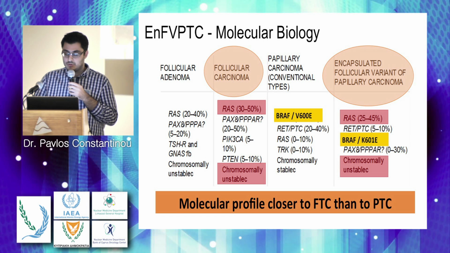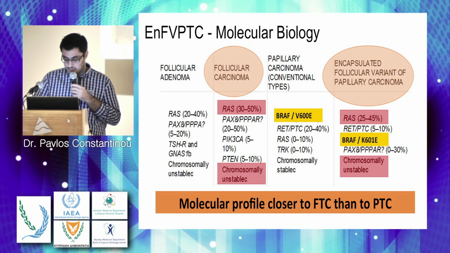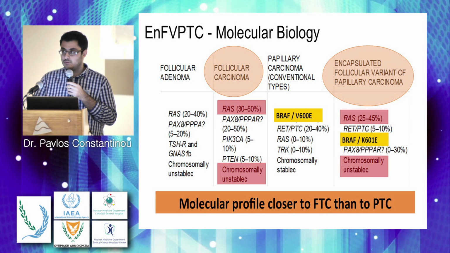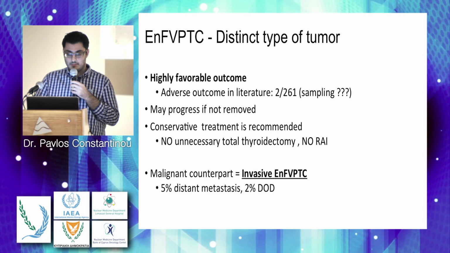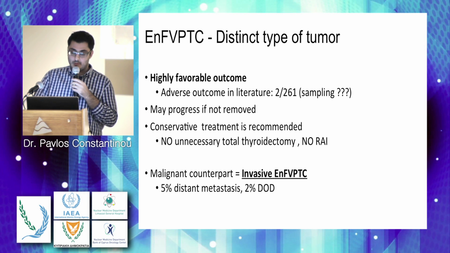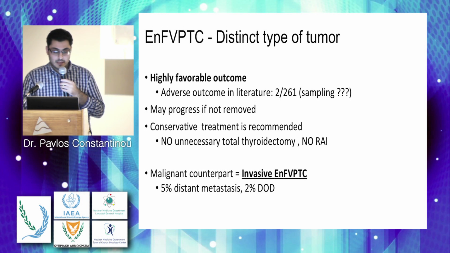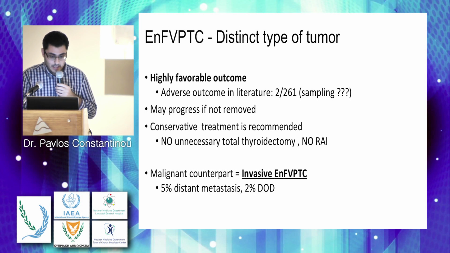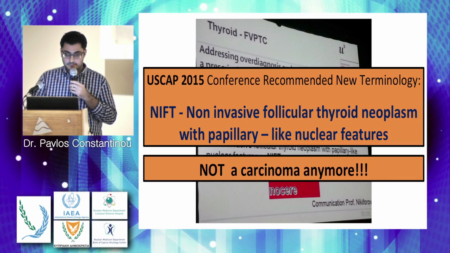Even BRAF mutations are different in these two types of tumors, the papillary carcinoma and its variant. So we have a molecular profile closer to the follicular thyroid carcinoma than to papillary thyroid carcinoma. So it seems that it is probably a distinct type of tumor with a highly favorable outcome. It might progress if not removed, but a conservative treatment is recommended. There is no need for total thyroidectomy and radioactive iodine.